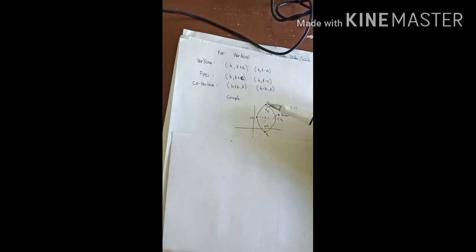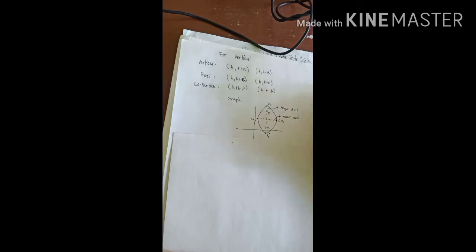And its graph is, okay, pataas naman yung shape natin. So v sub 1, v sub 2, yung major axis natin, parallel na siya sa ating y-axis, and then our minor axis is parallel to the x-axis. Okay, so the covertices 1 and 2 and the foci 1 and 2.